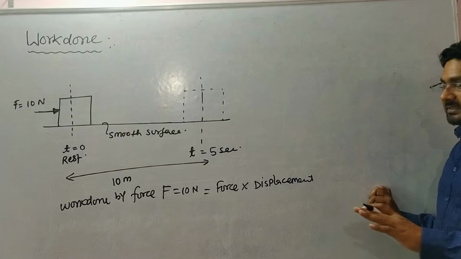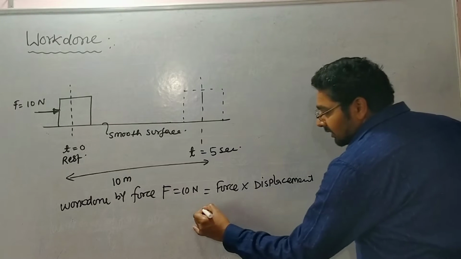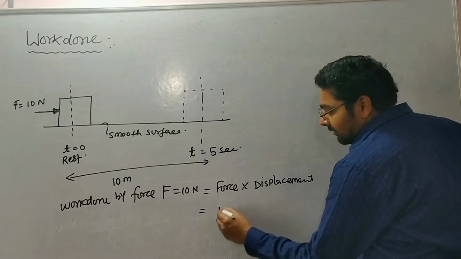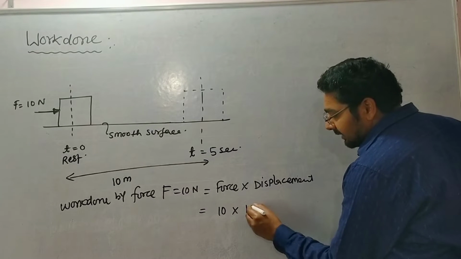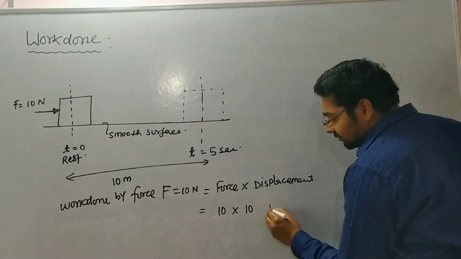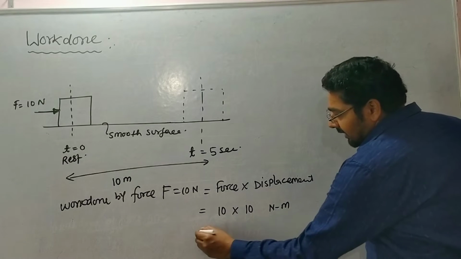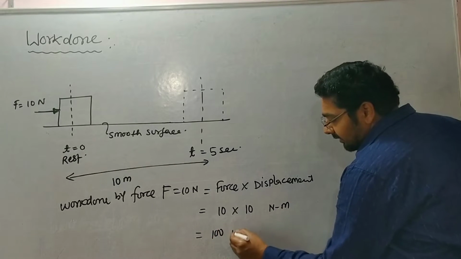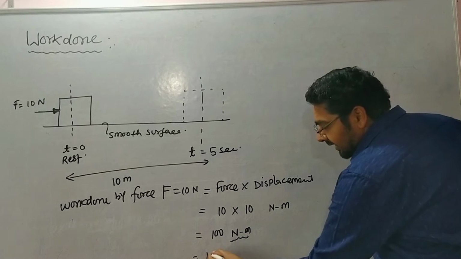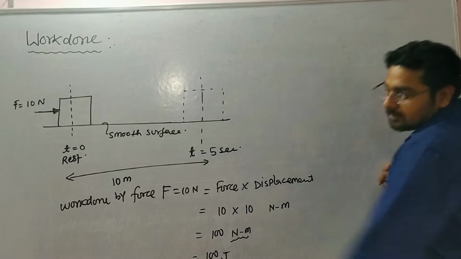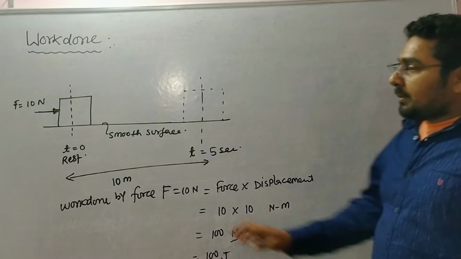It is a very simple example that I am taking here. The force is 10 Newton and the displacement is again 10 meter. This is in Newton, this is in meter, so it will be Newton meter, and it becomes 100 Newton meter, and we call this Newton meter a joule, so 100 joule. So this is the work done by this force.